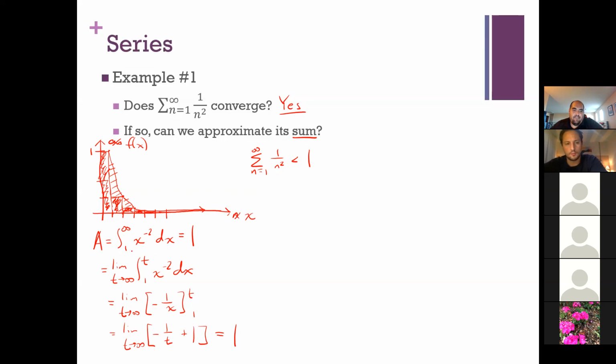So again, why can I use this integral as proof, as justification that this series converges? Because the integral itself converges and it's less than 1. The series is less than 1 because you're only taking part of the area under the curve.